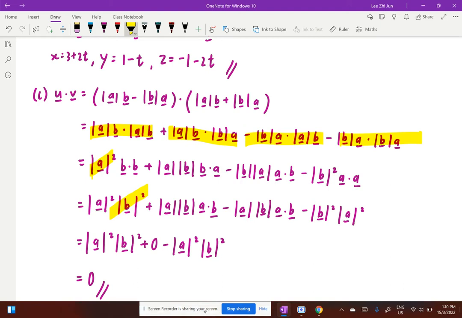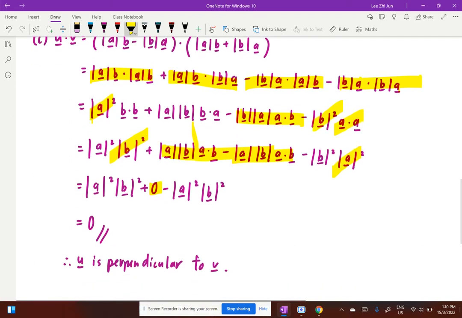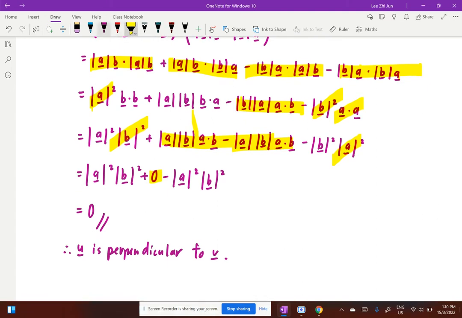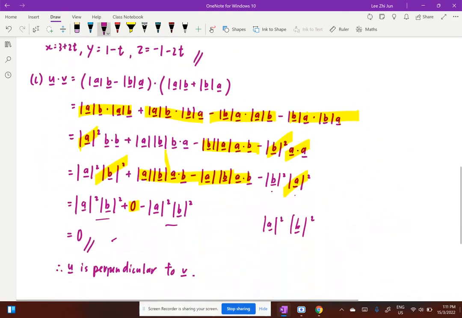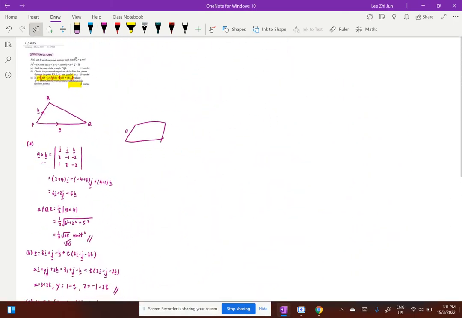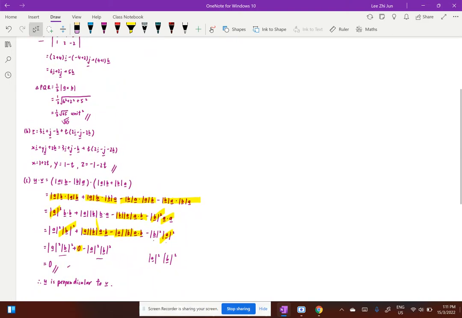So this AB and BA equals, this minus this will be 0. So BB will be B squared. So A dot A will be A squared. So for the properties of the scalar product, B squared A squared can be written as this, A squared B squared also. So this minus this will be 0. So the dot product is 0, so U is perpendicular to V. Just like this.